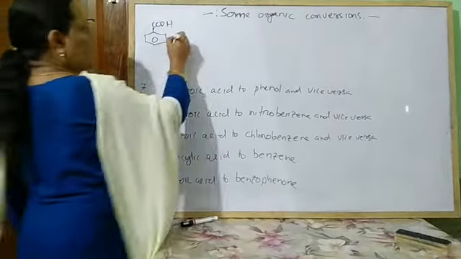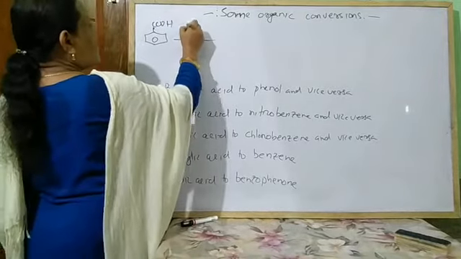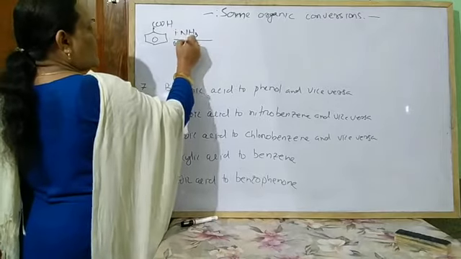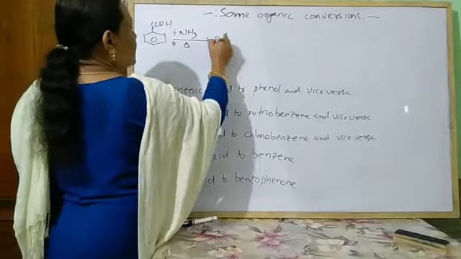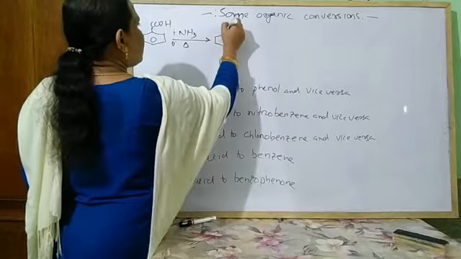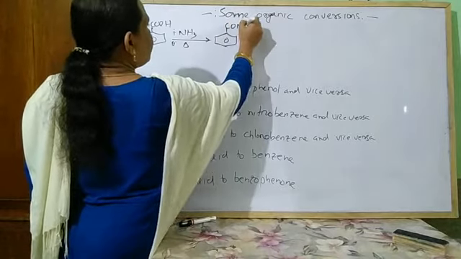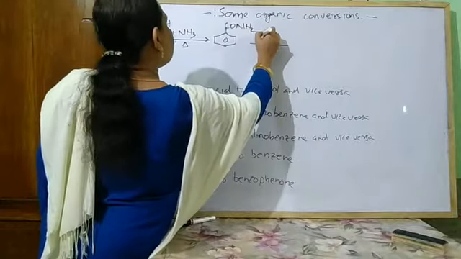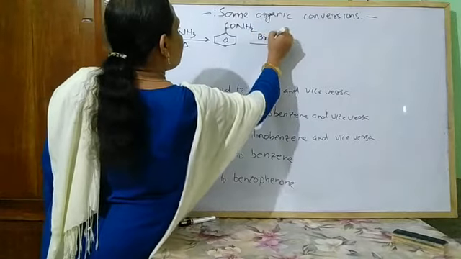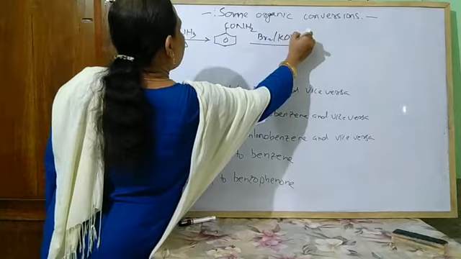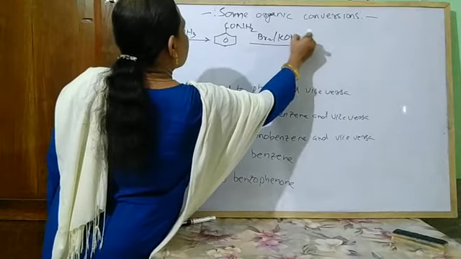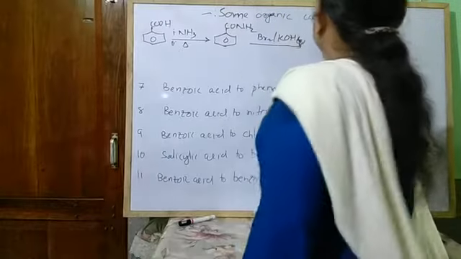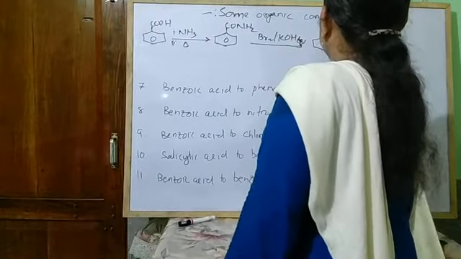Benzoic acid reacts with ammonia followed by heating, gives benzamide. Benzamide treated with bromine and aqueous potassium hydroxide forms aniline.